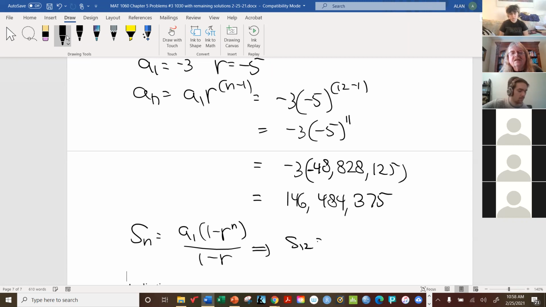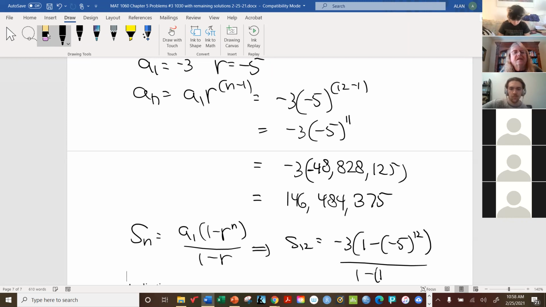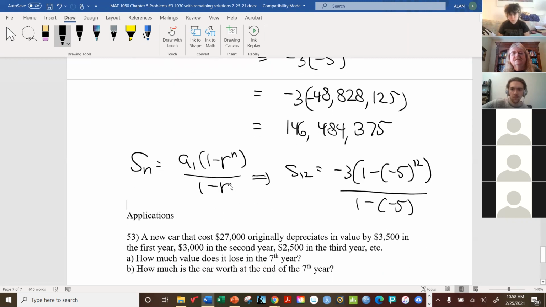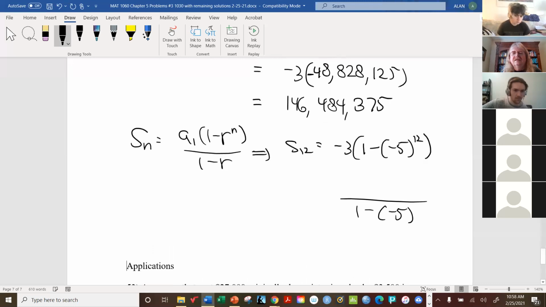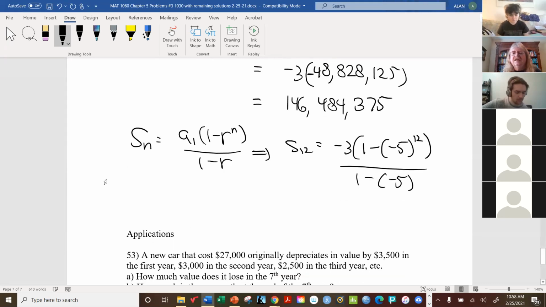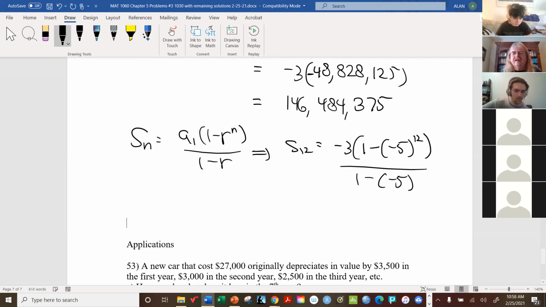So S12 is, we start out with -3, 1 minus -5 to the 12th, all divided by 1 minus -5. Wow, that's a scary looking formula. All right, so let's plug everything in here.